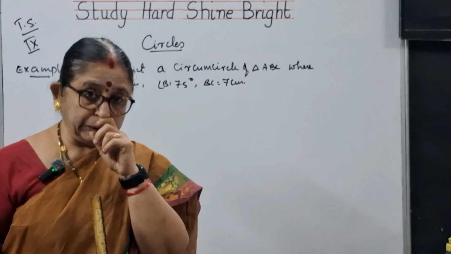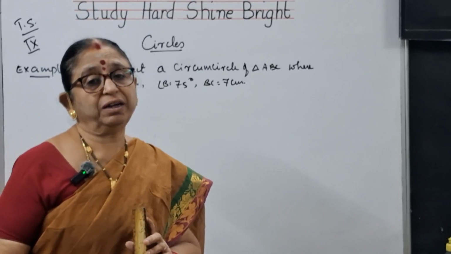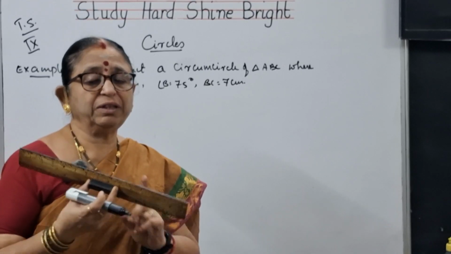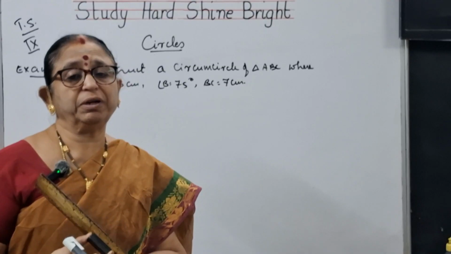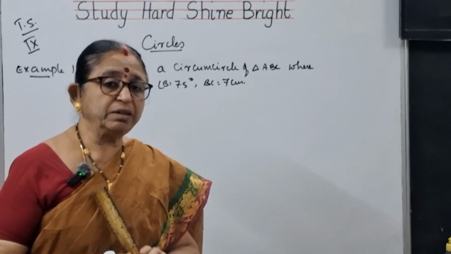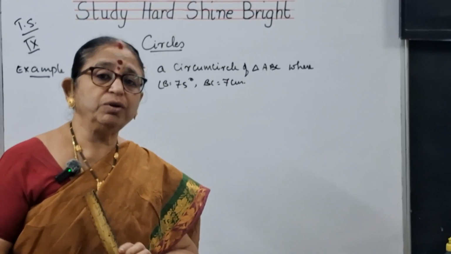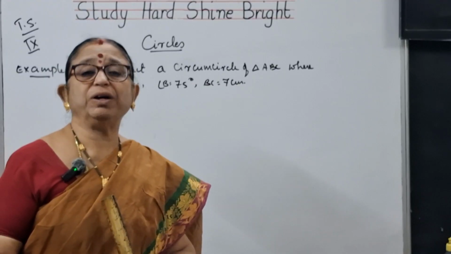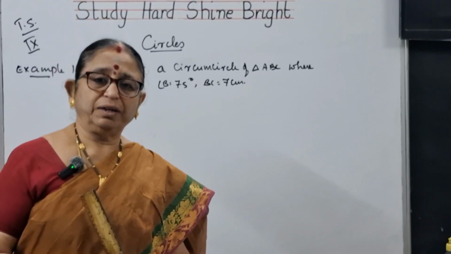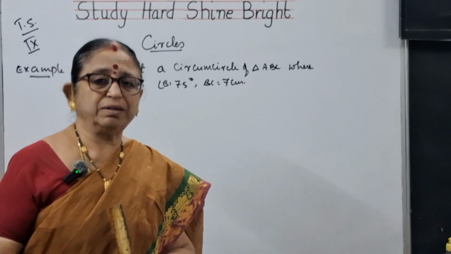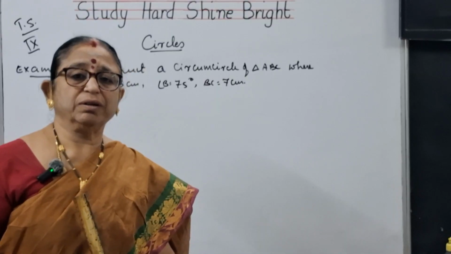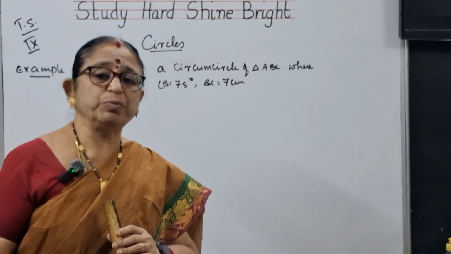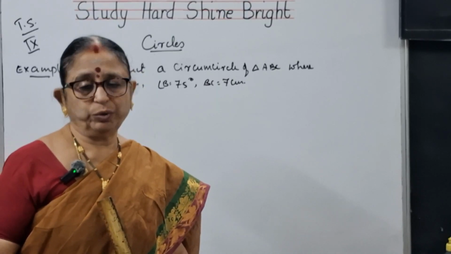You have to do it by using your scale and compass. Mainly with the scale, I may not get it properly, but the explanation will give you how you have to construct. If you follow exactly what I am saying, definitely you can construct it. Use your compass box and then do it.